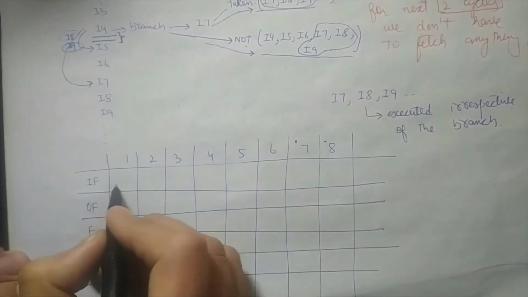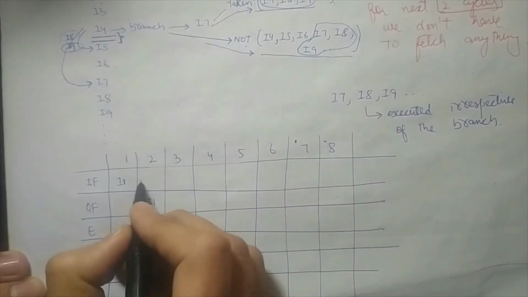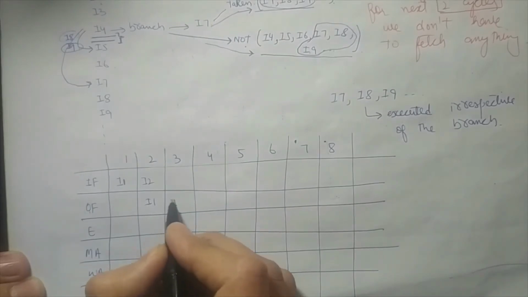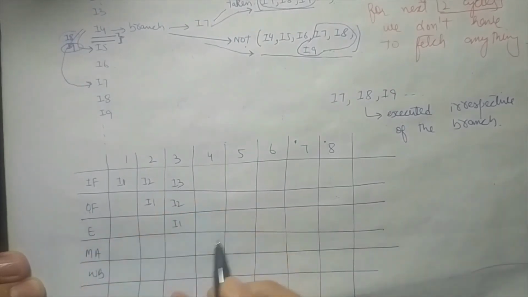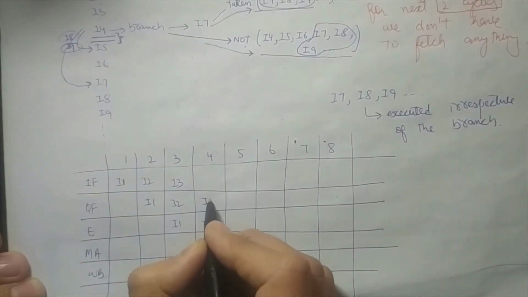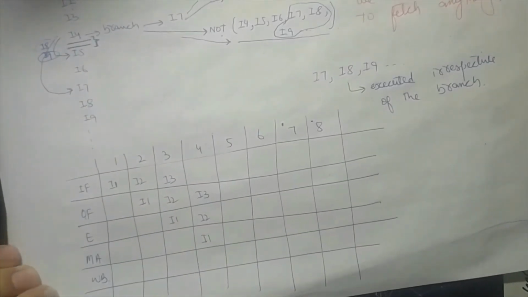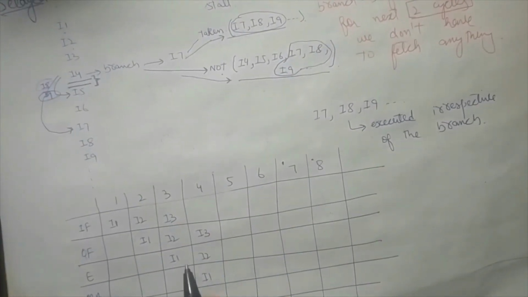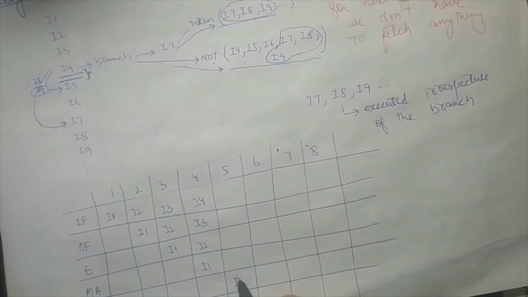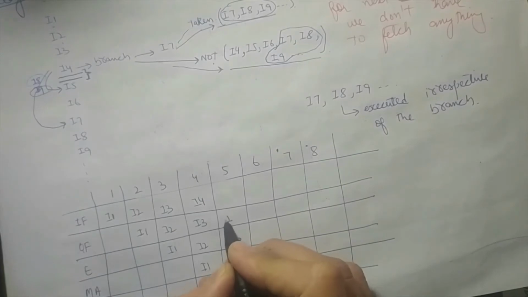In the first cycle I am fetching I1, in the second cycle I2, in the third cycle I3, and in the fourth cycle I4, which is our branch. In the fifth cycle, I1 will come here, I2 will come here, I3 will come here, I4 will come here.